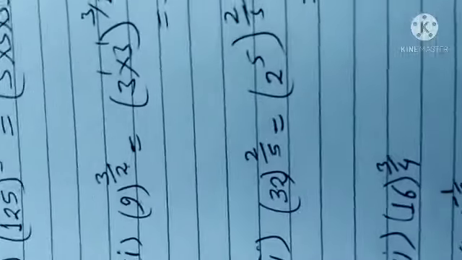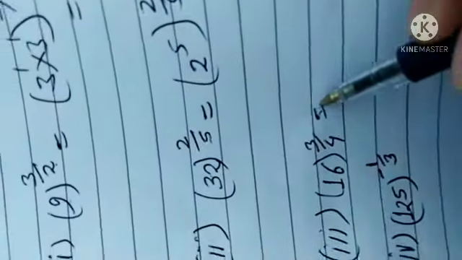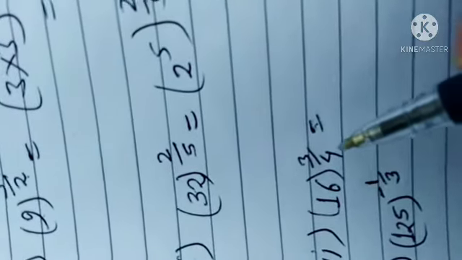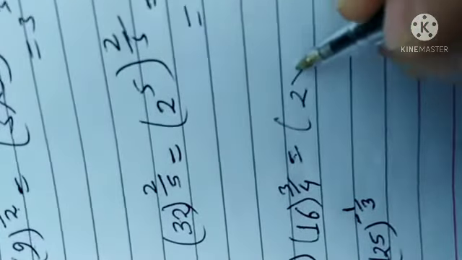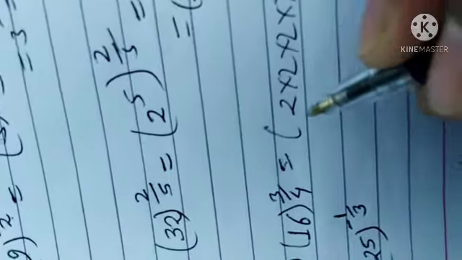Next question. 32 to the power 2 upon 5 we have done, that answer is 4. Next question, 16 power 3 upon 4, that is very simple. 16 power 4 means how can we split 16 into 4 parts? That is 2 only. If you do this way, then it is 2 into 2 into 2 into 2, and whole to the power 3 upon 4.